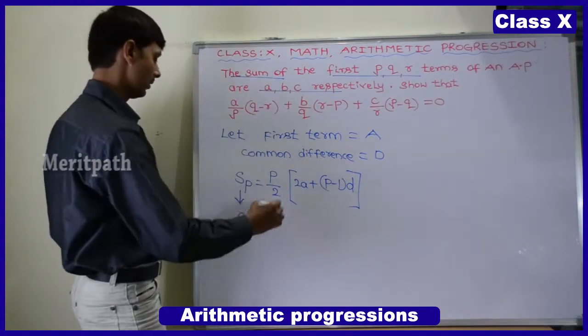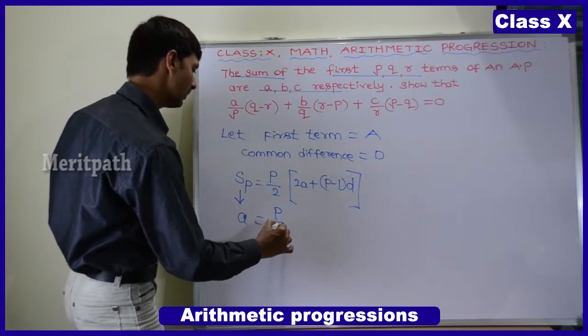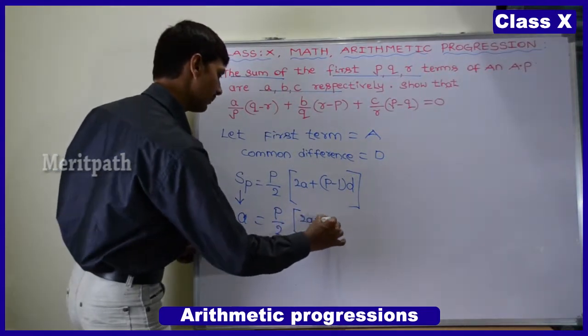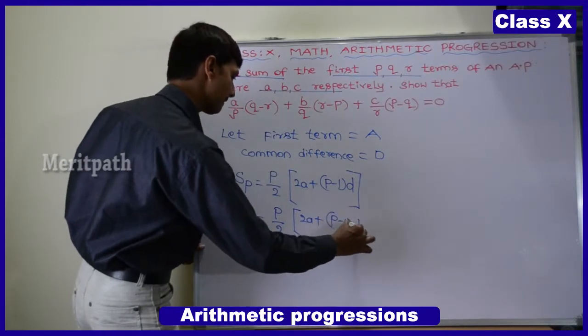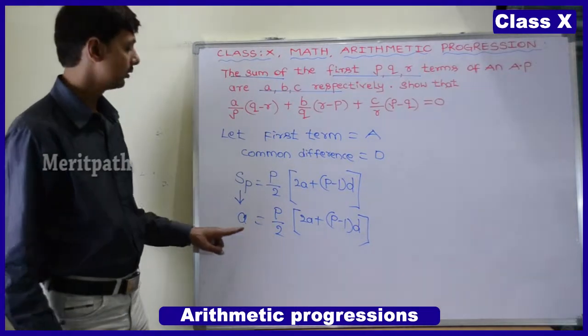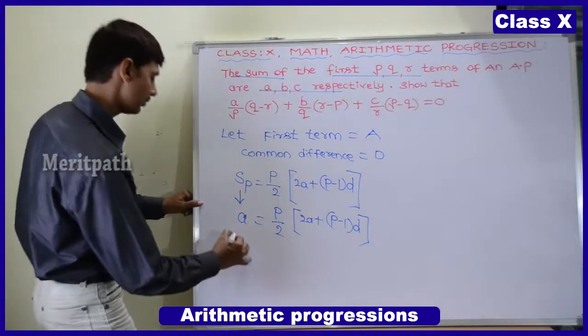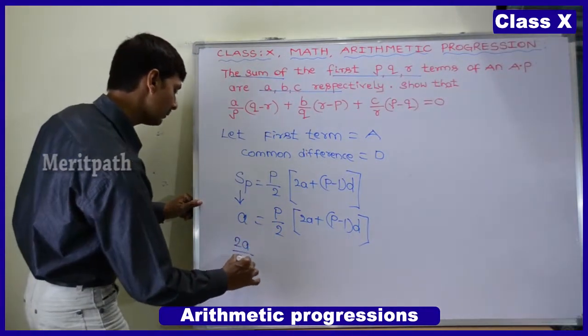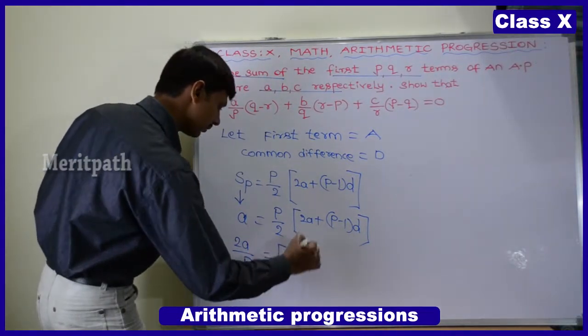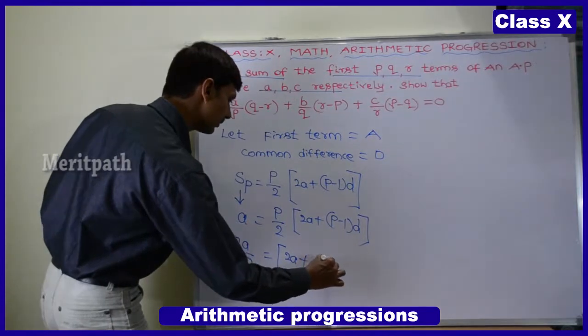So small a = p/2 [2A + (p − 1)D]. When we transpose p/2 to the left-hand side, it becomes 2a/p = 2A + (p − 1)D.